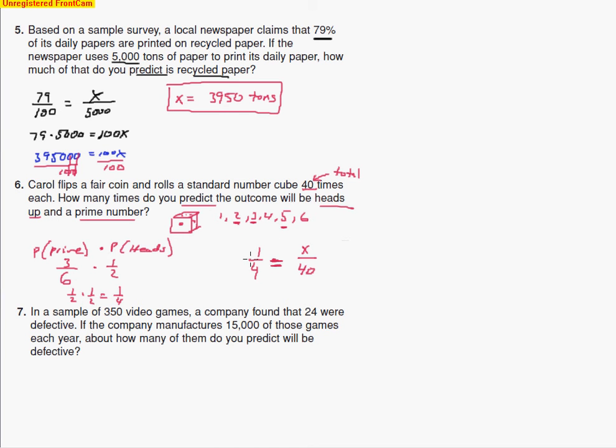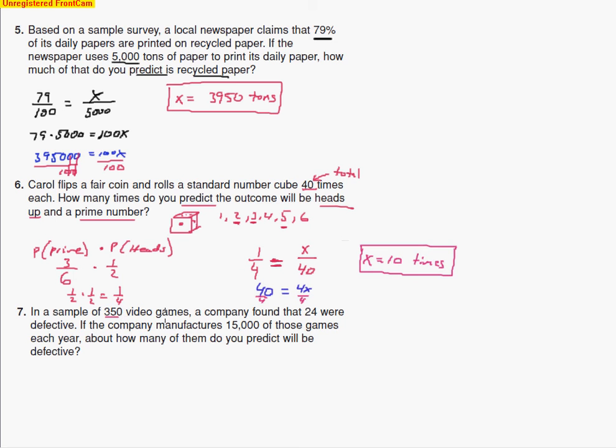So we have 1 times 40, so that's just 40, equals 4 times x, which is 4x. So we can go ahead and do the division there. Divide by the 4, and we're left with x equals 10. So 10 times, that would be our prediction of how many times it will end up landing on heads, and we'll roll a prime.